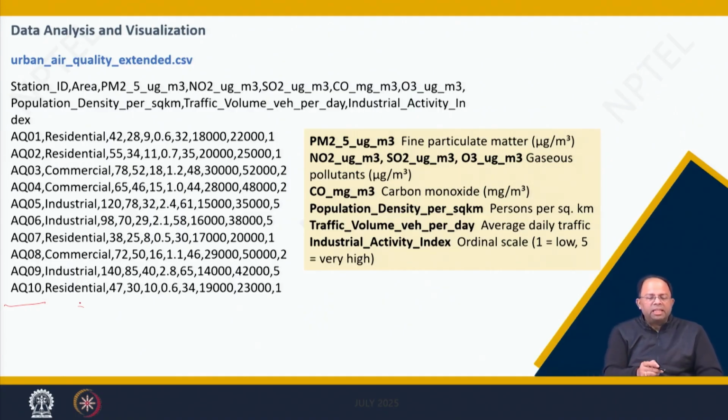We have also taken some other predictor variables such as population density, traffic volume, and industrial activity, which is an index from 1 to 5, but it could be 1 to 6 in value. So these could be the different categories of industrial activity, and based on all this we can predict what emissions will happen.